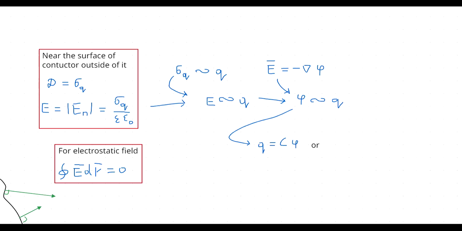That C is equal to electric charge, free charge on the surface of a conductor, divided by electrostatic potential on this surface.